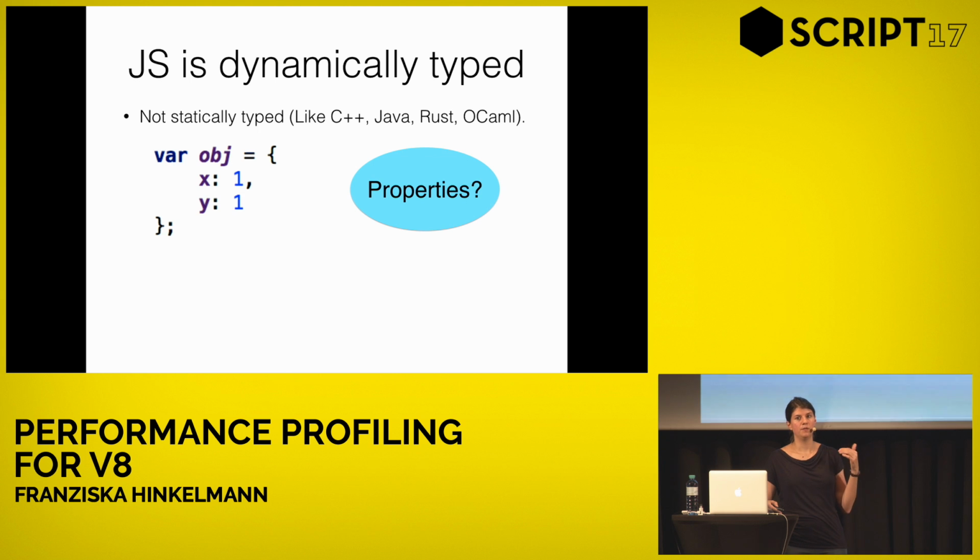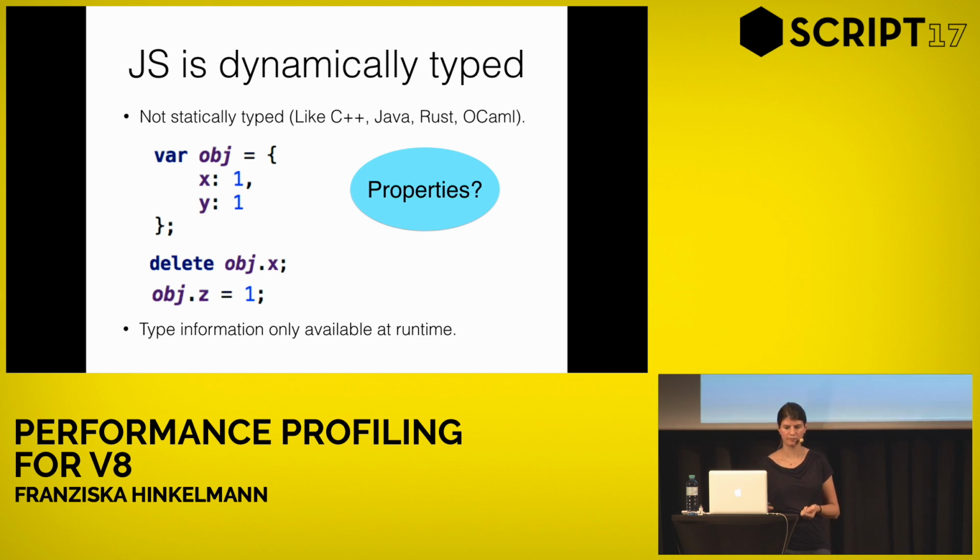And even if the compiler knows, okay, these are the properties of the prototype chain, of course, you can change the properties all the time. You can delete properties that were on there, you can add more properties. So if the compiler sees the declaration of this variable, it has no guarantee later on when you're using the variable that it still has the same properties.